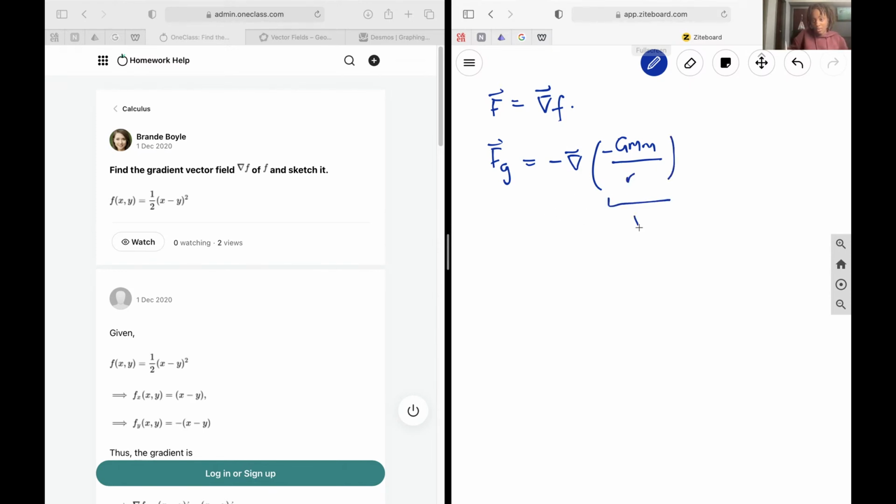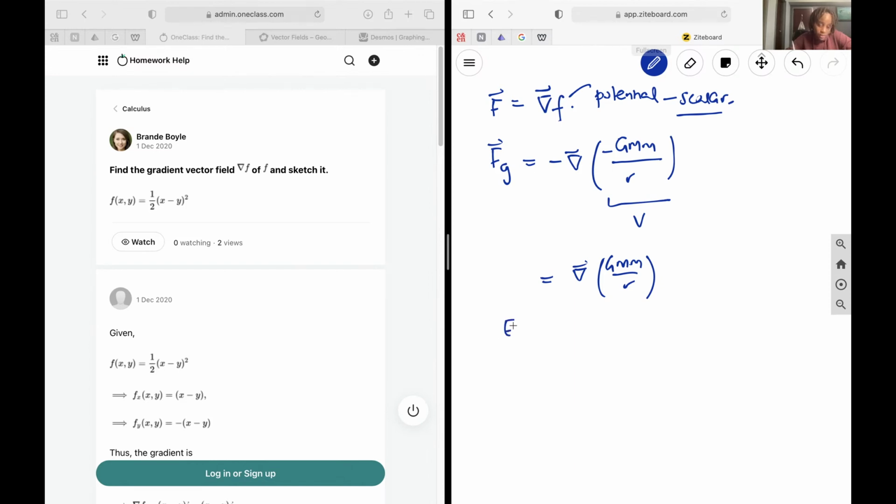This is what you usually call V, the potential, and it is just a scalar. Once I do that, this becomes the gradient of GMm over r, and this is how we get to the force of gravity equation.